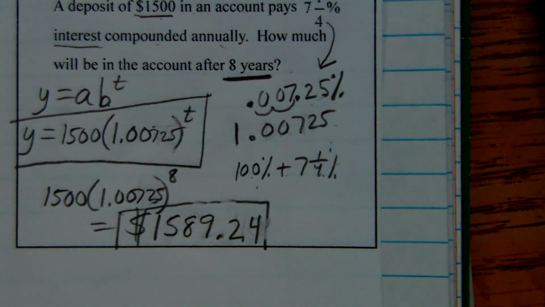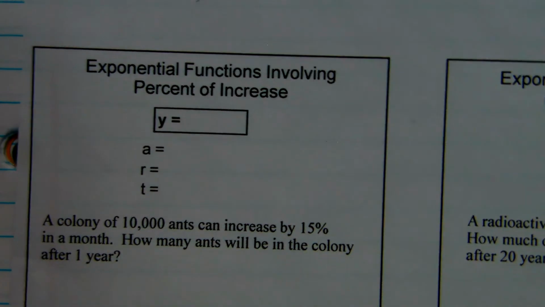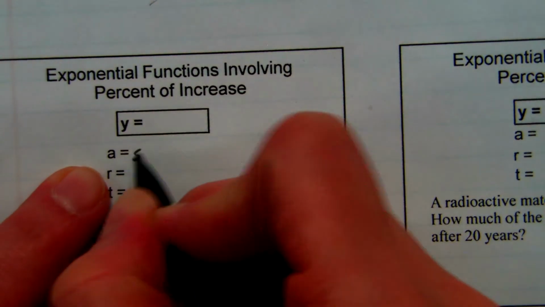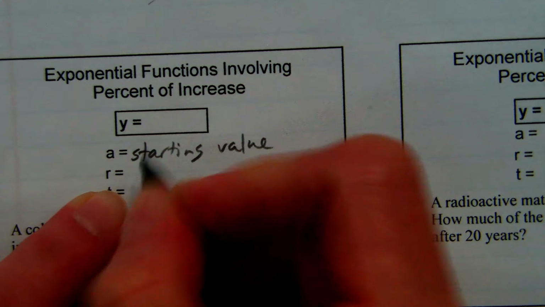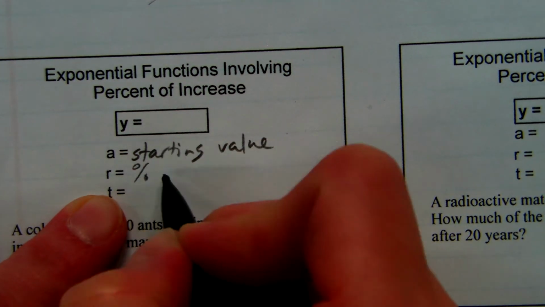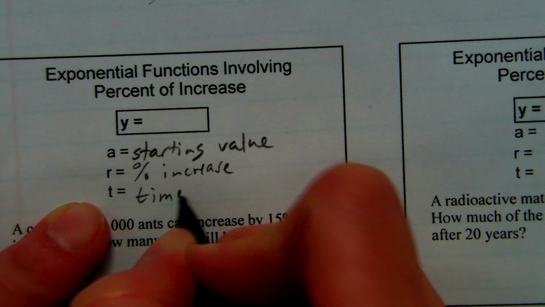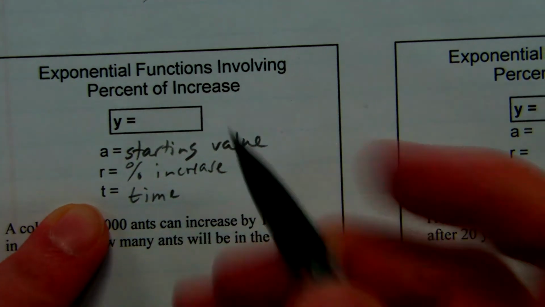All right. So let's go ahead and look at, we're going to give you guys a formula for percent increase. Okay, so if A is your starting value and R is your percent increase and T is your time, this box really isn't big enough, but I'm going to try.